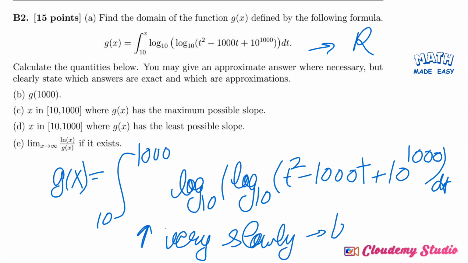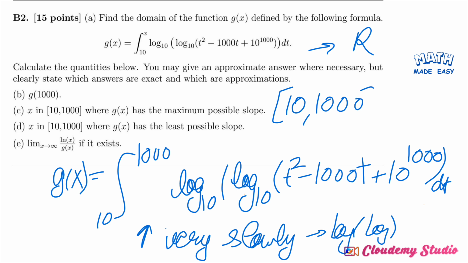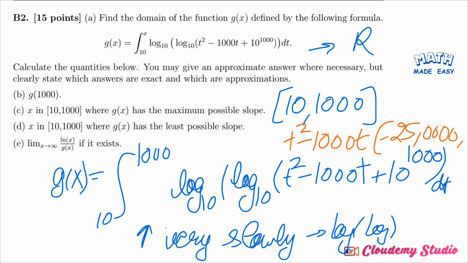When it is log of x, obviously it will increase extremely slowly. Now if we take the interval from the lower limit 10 to the higher limit, the values of t square minus 1000t lie between minus 250000 and 0.